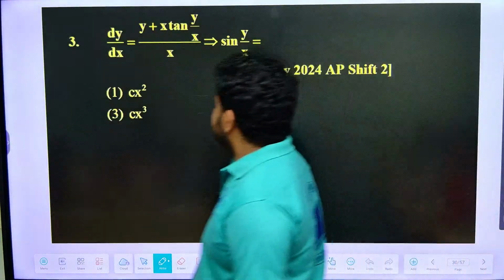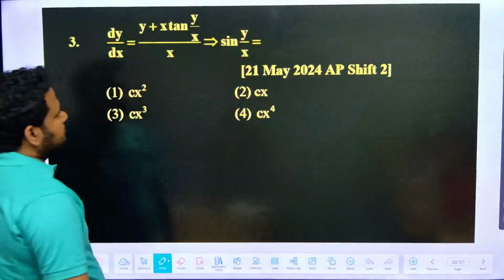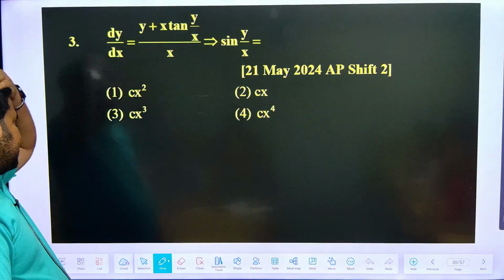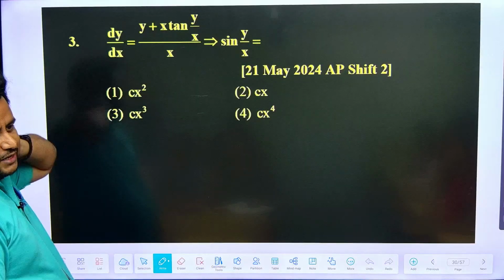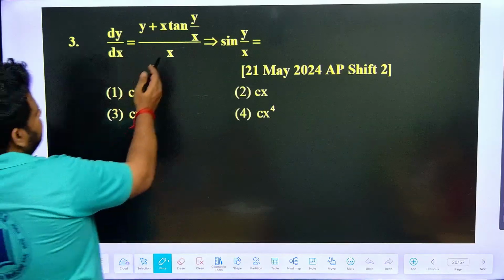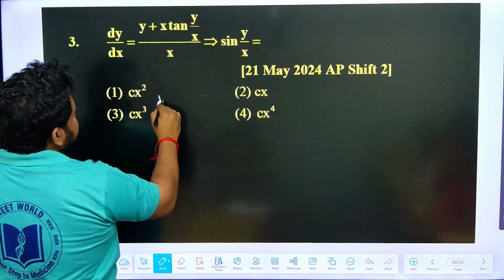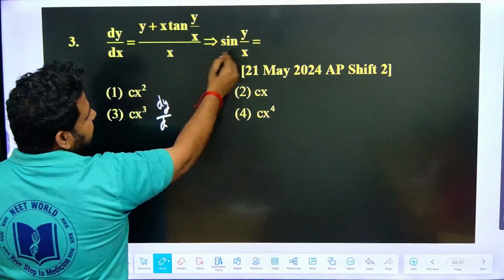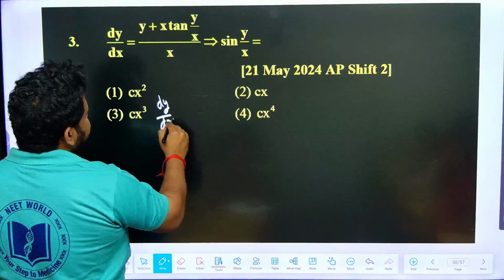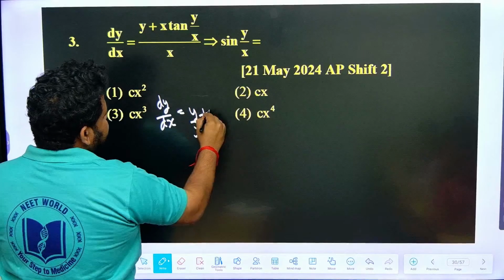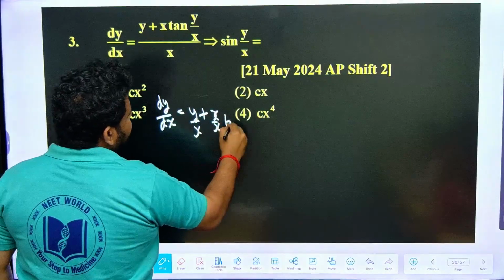Now see here, in this question dy by dx, you cannot apply linear as of now, and homogeneous also you cannot apply directly. First, we will separate and divide. dy by dx can be written as, they are asking sin of y by x, so I separate x and divide: y by x plus x by x into tan of y by x.